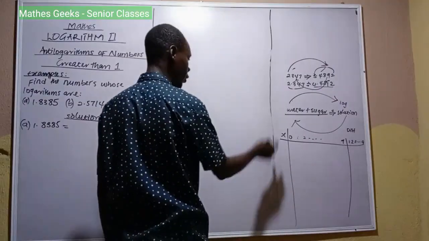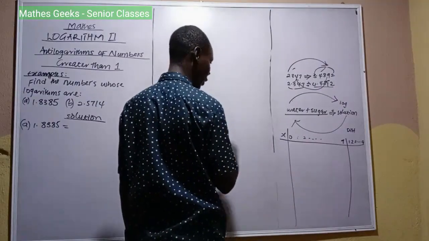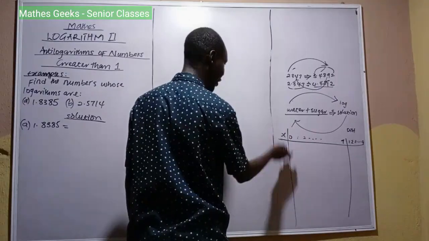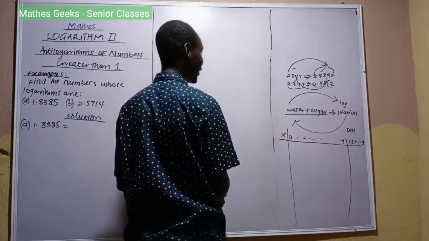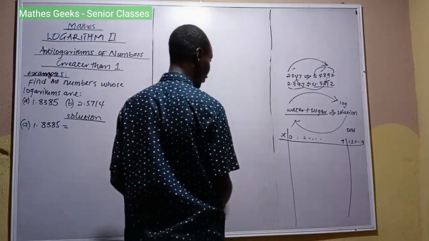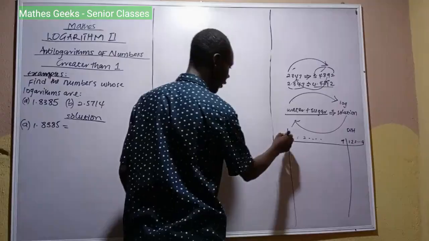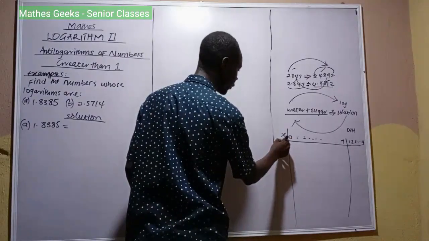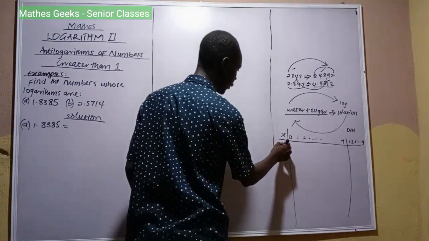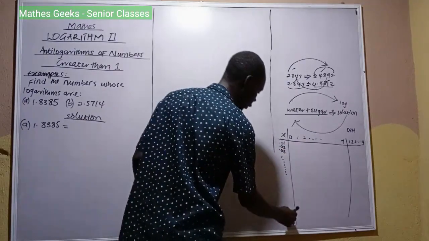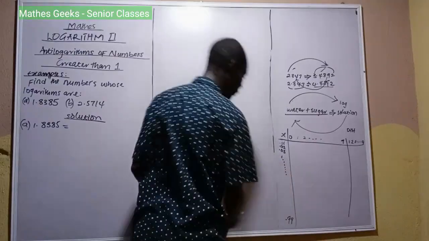The only difference between the log table and the anti-log table is that the log table starts from 10, that's integers, 10 to 99, while the anti-log table starts from the first two digits that make up the mantissa: 0.01, 0.02, 0.03, all the way down to 0.99.